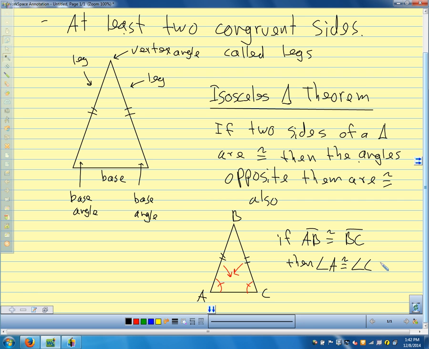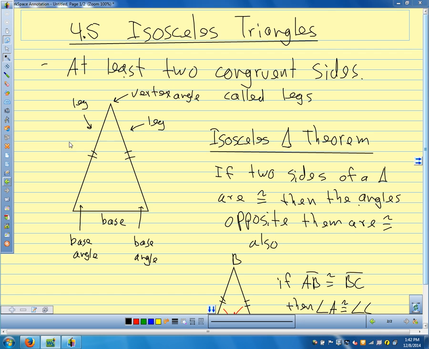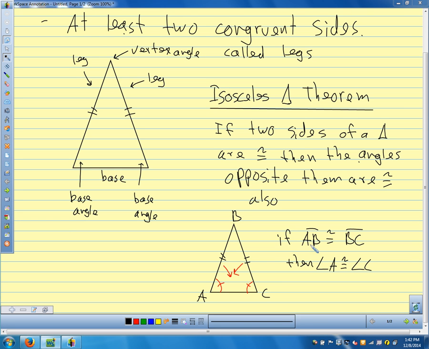Now, we're also going to talk about the converse of the isosceles triangle theorem. Let's remember how we make a converse of an if-then. How do we do a converse? Put them in opposite orders. Reverse the order. Turn it around, basically. So let's write the converse. Good.